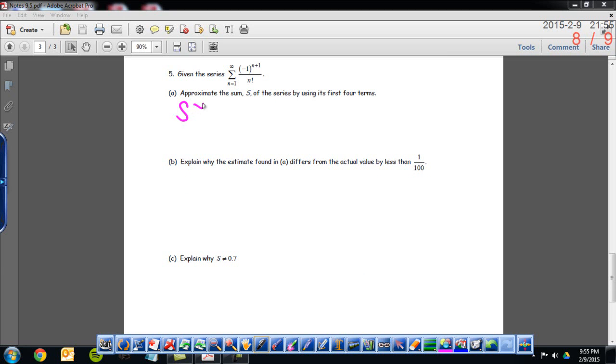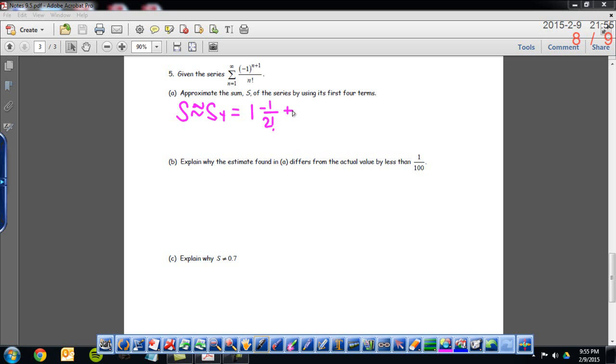So we're going to approximate that sum by using the sum of the first 4 terms, which is plug in a 1, plug in a 2, plug in a 3, plug in a 4, and add them all together. So if I plug in a 1 for n, I'm going to get positive 1 over 1 factorial, so that's 1. If I plug in a 2 for n, I'm going to get negative 1 over 2 factorial.